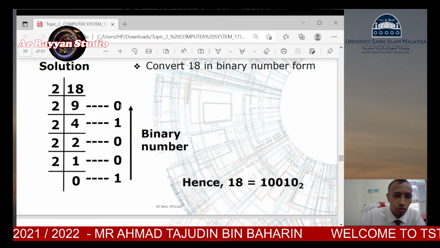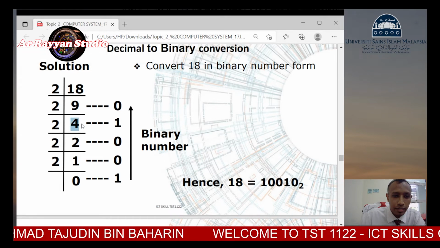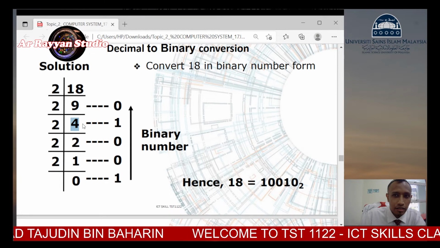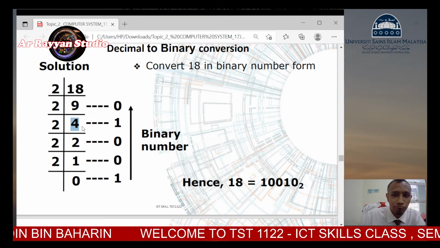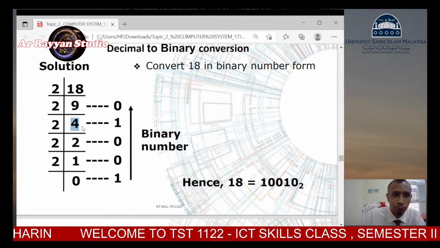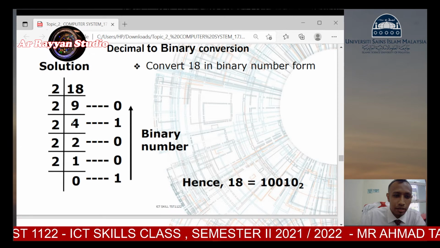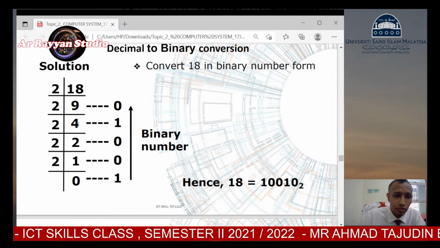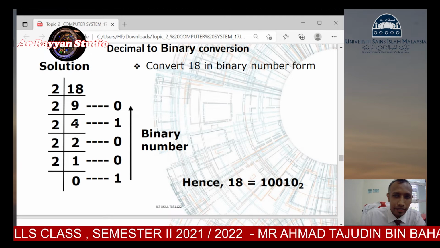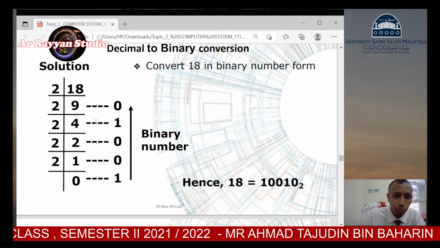Alright, so and then next 9 bahagi 2 dapat 4 point berapa? 4.5 kan? So dia ada baki, betul tak? Betul. So 9 kalau bagi 2 dapat 4, point 5 baki dia kan? Betul tak?